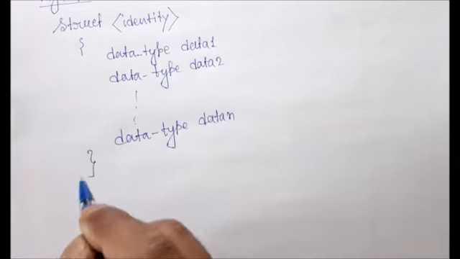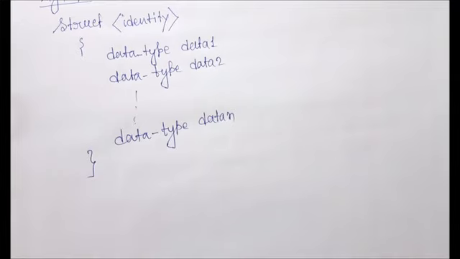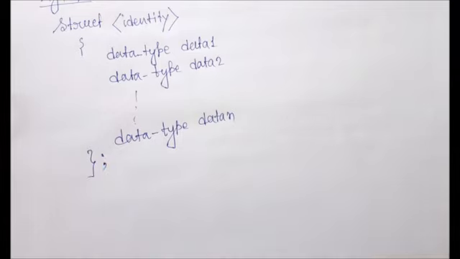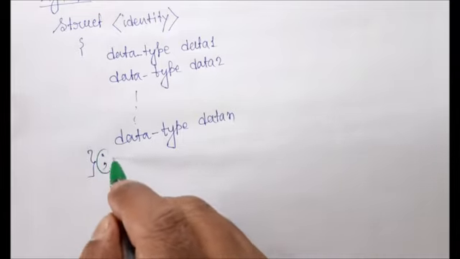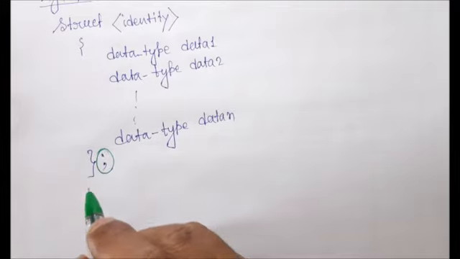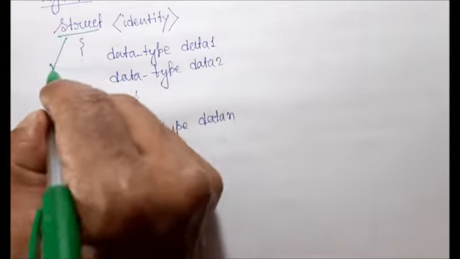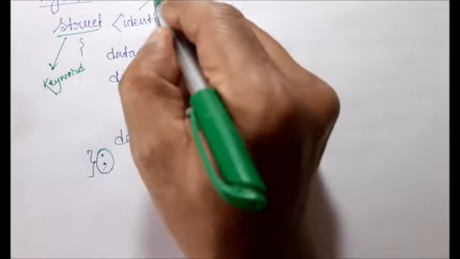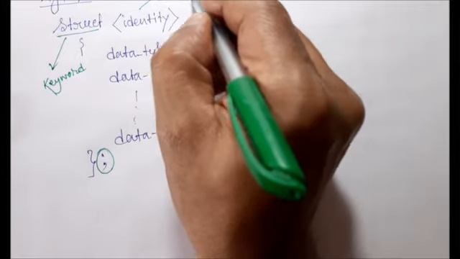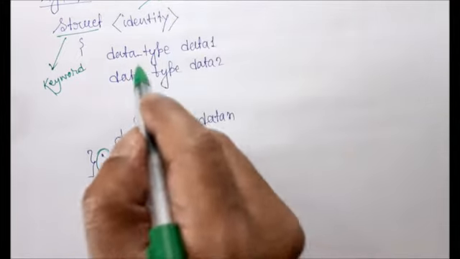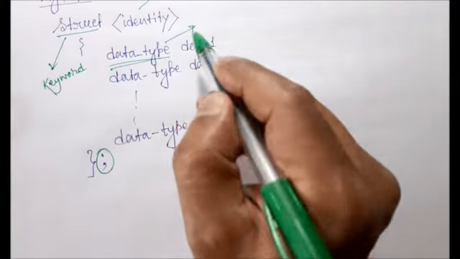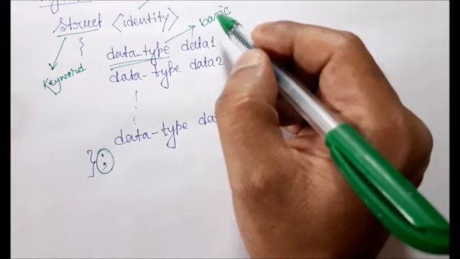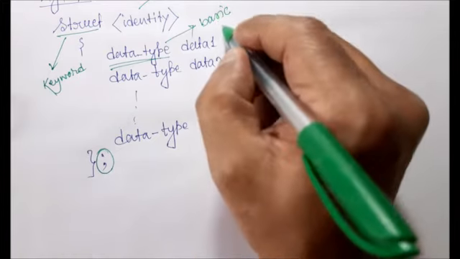Then you have to close the curly bracket and after that we have to give a semicolon. This is very, very important. At the end of a structure we have to use the semicolon. So, here struct is a keyword and this is the name of a structure. And these data types are basic data types. That means integer, char, float, array. Okay, basic data types.